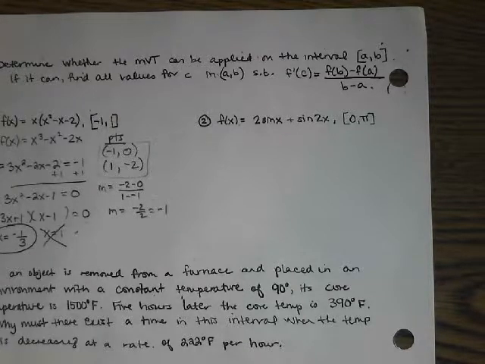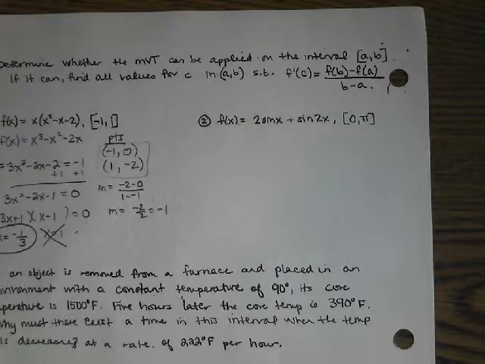Check both of your points. You plug in 0 for sine of 0, or 2 times 0, and then sine of 2 times 0. 2 times 0 is 0, sine of 0 is 0.